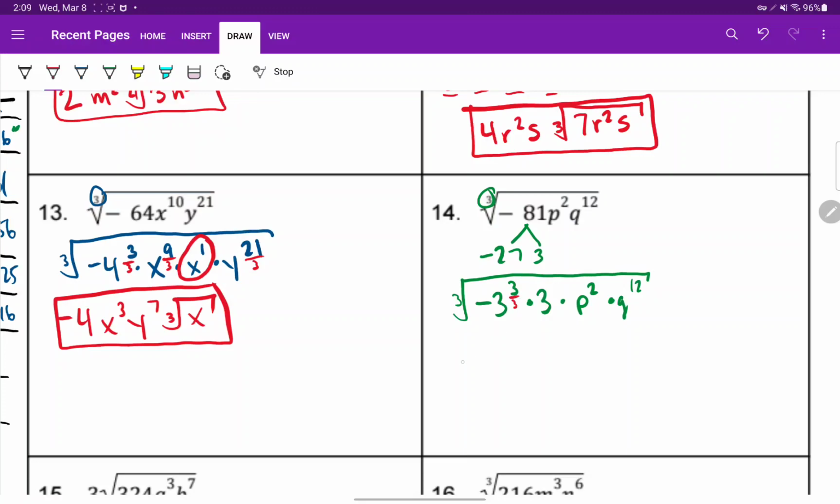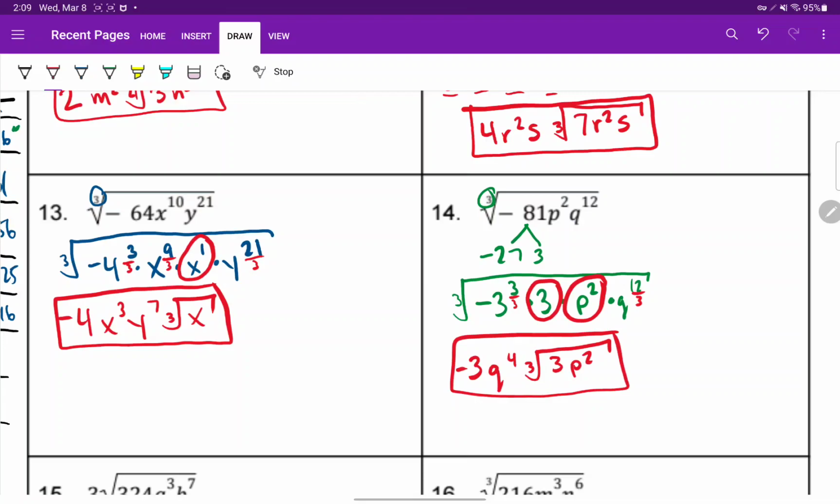So 3 divided by 3 is 1, so we have a negative 3 on the outside. This one has a power of 1, so when I divided by 3, it's a fraction. This one as well, p squared, so 2 divided by 3 is 2/3, that's not a whole number. But the q, 12 divided by 3 is 4, so that's q to the 4th. So back inside the radical, what we circled was 3p squared. So this is my simplified radical.